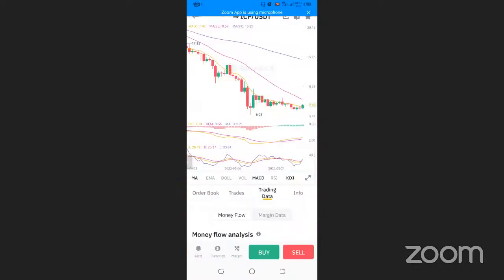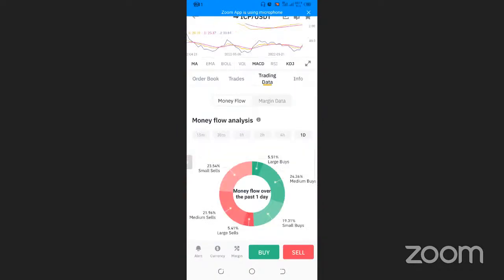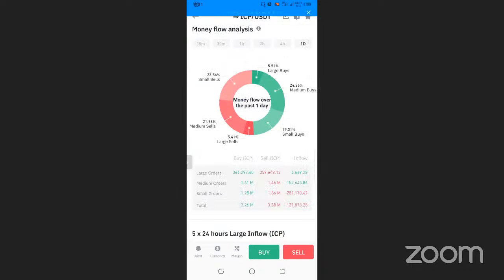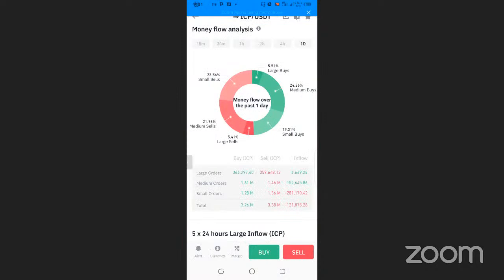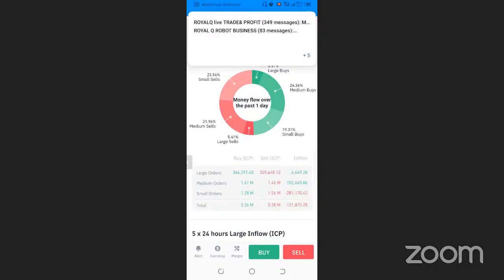All right, we look at the trading data, please. What is it at the moment? The buyers are... and the largest buy order is 3.6, which is almost about 7 weeks ago, and we have a 6.6 profit.